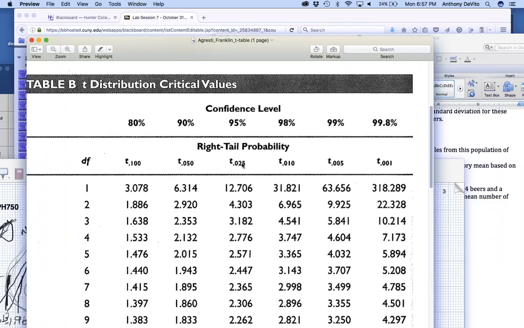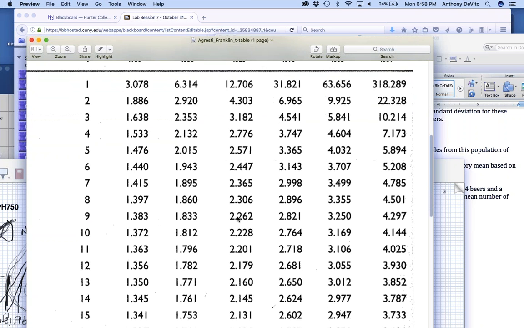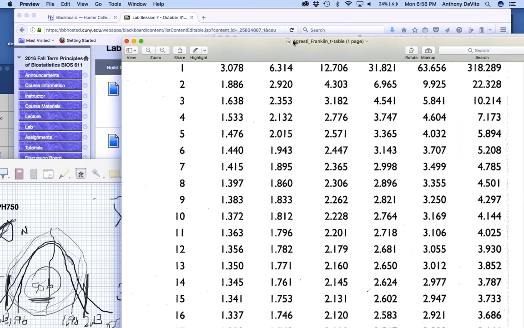Well, it's interesting they put that there, because really we're interested in the two-tailed test most of the time. But if you look at that, a right tail probability of 0.025 implies that you have the symmetrical probability on the other end, the left side. So you have 2.5% and 2.5%. That's why they put that there for the right tail probability. And it is the same thing as saying a 95% confidence interval. Okay, so that's what that table is doing to us.